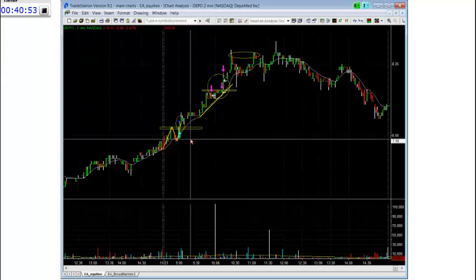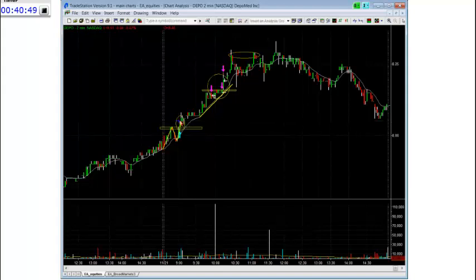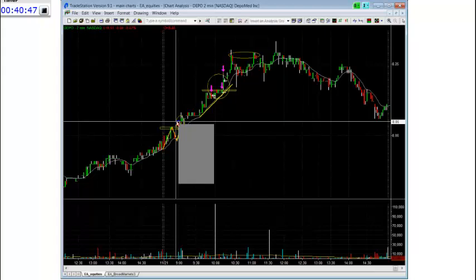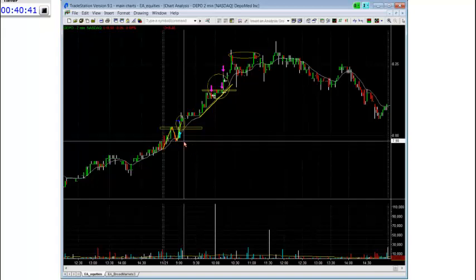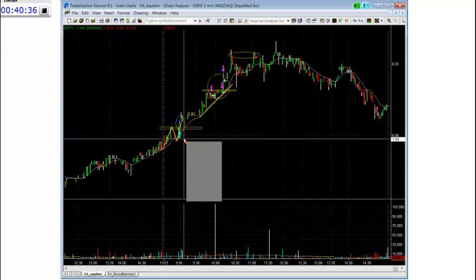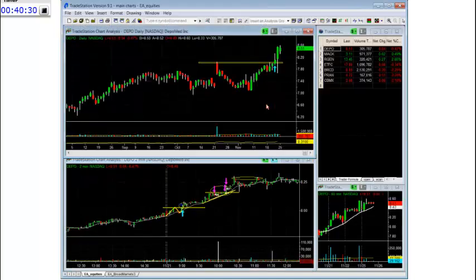The fill was at 8.05, so we're literally 2 cents off of the breakout level, right? So from a management standpoint, we're risking about 7 to 8 cents for possibly 20 cents. And you never know how much you're going to get out of the breakout. But the idea is just to predefine your target and then let the price action tell you when to cover, right? So you can see we scaled out at 3 different levels.